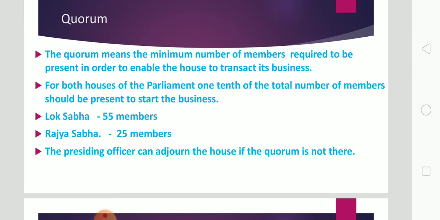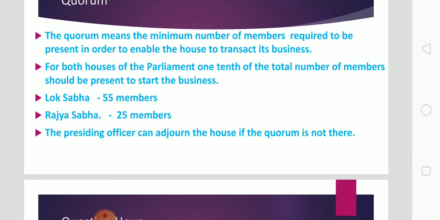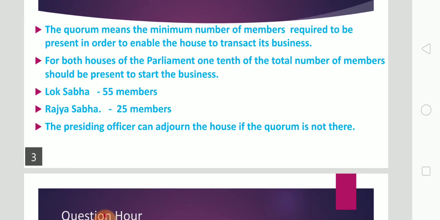So the quorum of Lok Sabha is its 1/10, that is 55 members. In Rajya Sabha, the total number of members is 250. So it's 1/10, 25 members should be present to start the meeting.